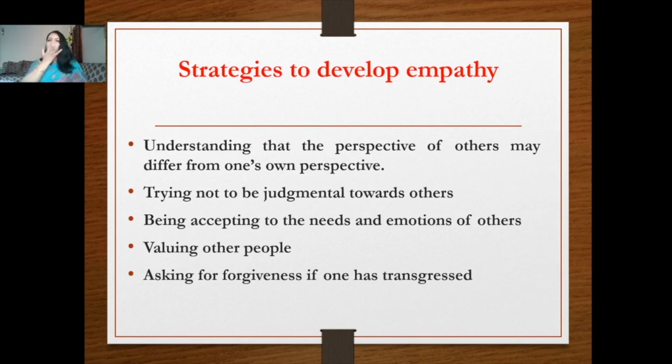All that concern, all that empathy will come only when you value another person, only when you think that they are of significance. Okay, so the first thing that we need to start doing is to value other people, to know that they are as significant as we are. Okay, and then it'll be very easy for us to be empathic.